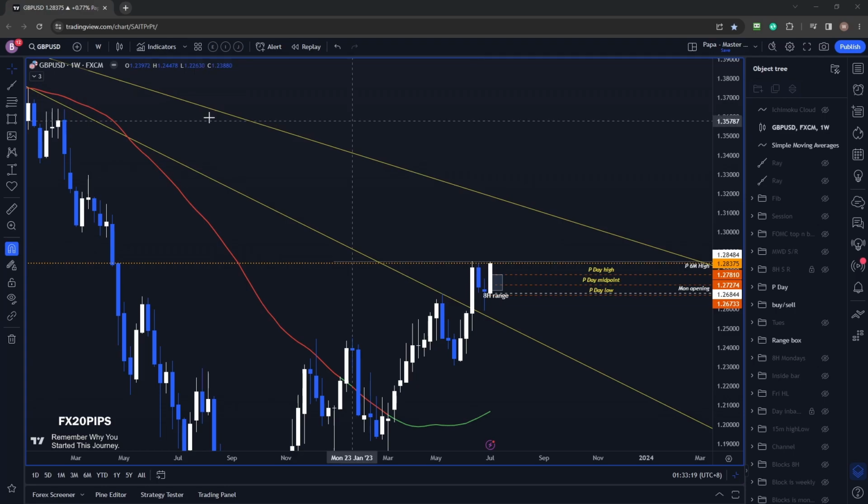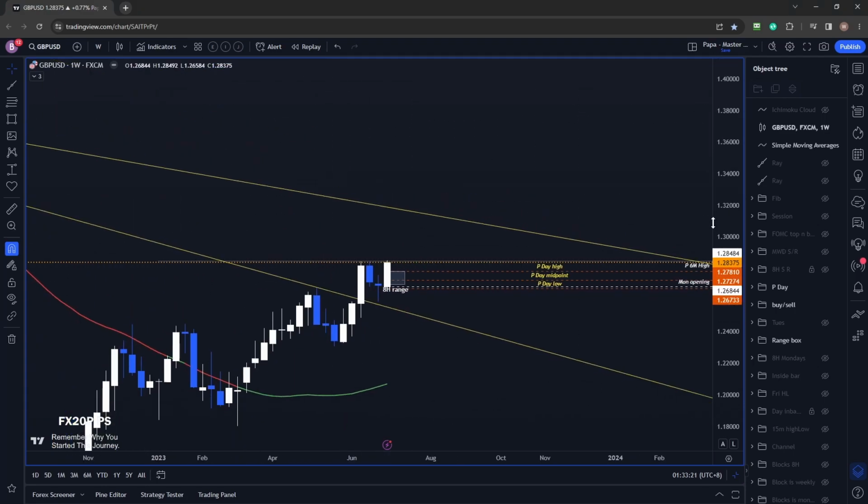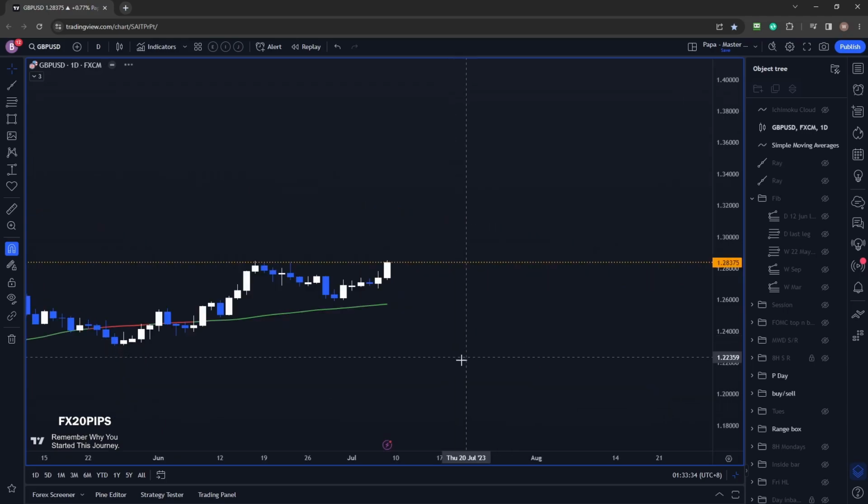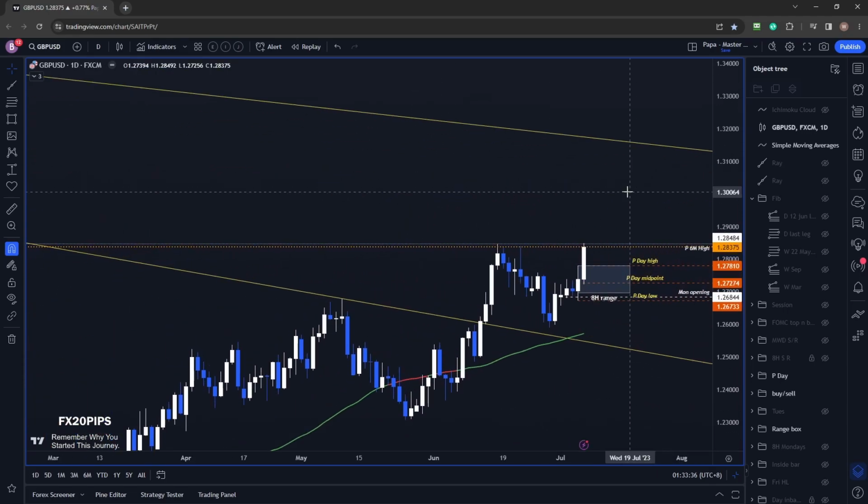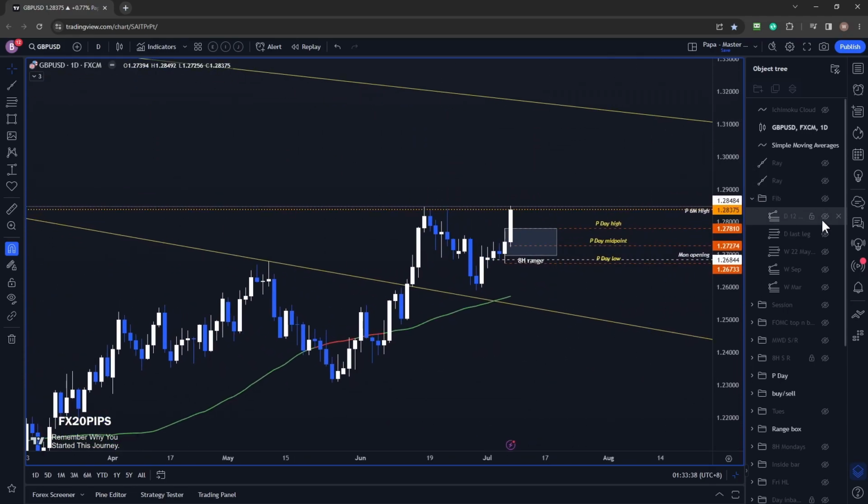The other interesting thing I wanted to show is the FIB, because FIB always tells me the future possible resistance area. So this is a daily from 12th of June. I have previously drawn all this, so let's just refresh the memory a bit.